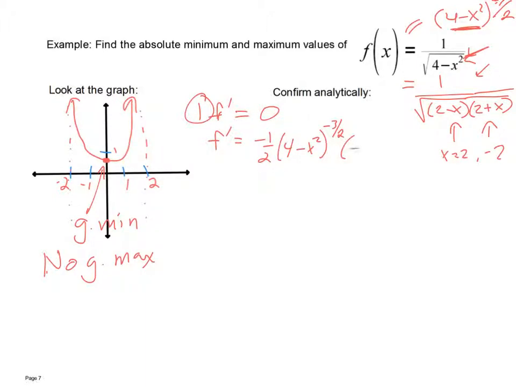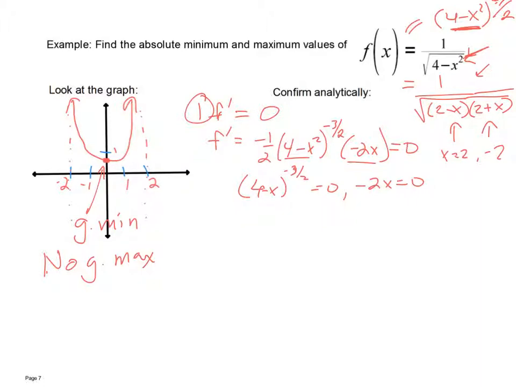Well, the derivative inside is negative 2x. All right, so I need to know where that equals 0. Well, it's where each of the factors equals 0, right? So each of the factors is a possibility where it equals 0.